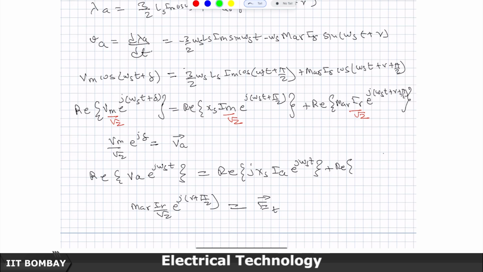In many places it is also shown as IF, and this expression here says that this open circuit voltage is proportional to the field current. So, this is the way I control my voltages. Synchronous machines are the voltage generators.